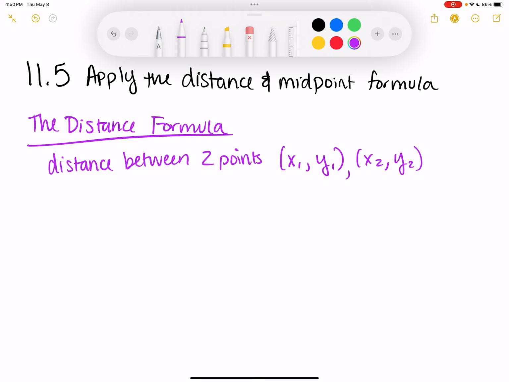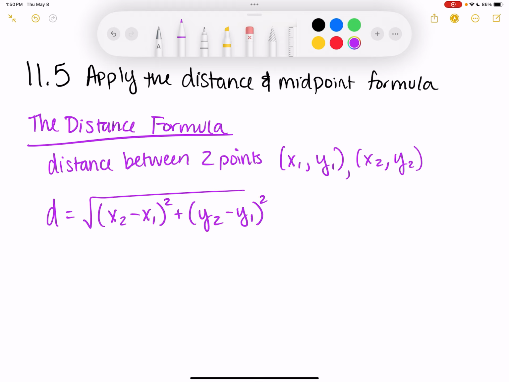But the formula is D equals the square root of, in parentheses, X2 minus X1, all that squared, plus, parentheses, Y2 minus Y1, all that squared. Now, it does not matter which point you call 1 and which point you call 2, because everything is being squared, okay?